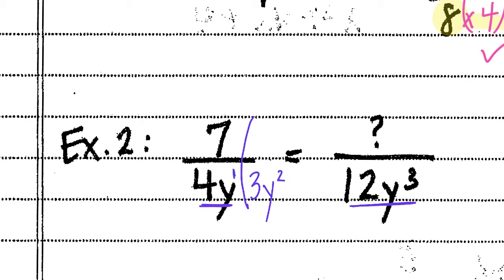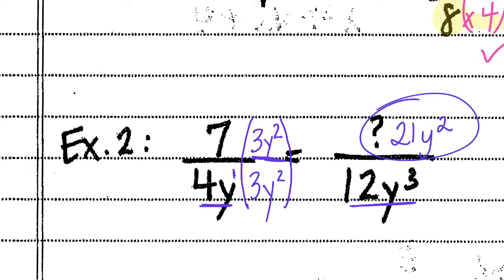I need 2 more y's. So I'm going to multiply by 3y squared on the top and the bottom, because again, I can multiply anything through by 1, and it does not change the value. 7 times 3y squared on the top will be 21y squared. There's my question mark.